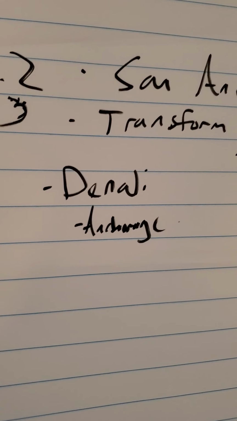So Denali, Anchorage, is the reason why we have mountains, volcanoes, and earthquakes in that area. And we all know about the, is it the 9.2? One of the largest recorded earthquakes.